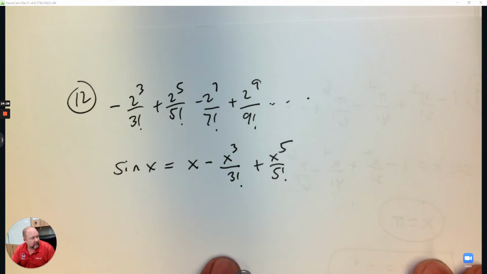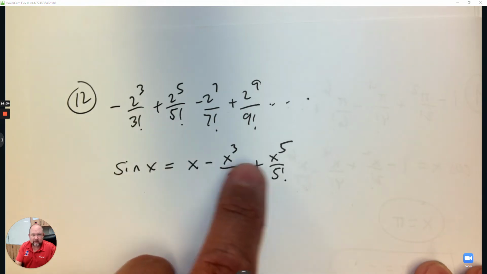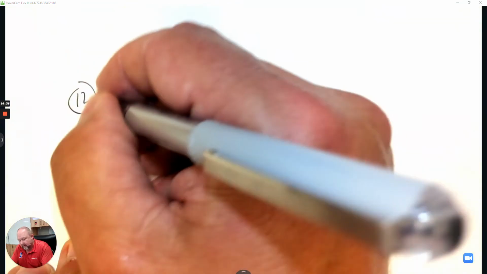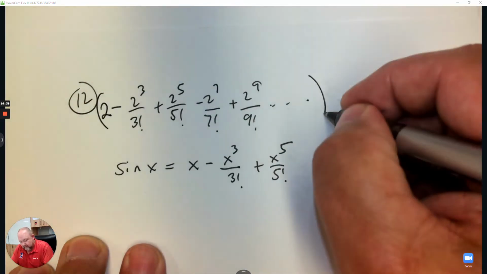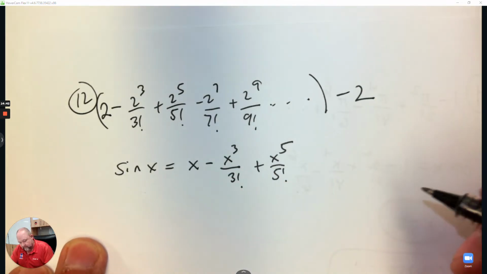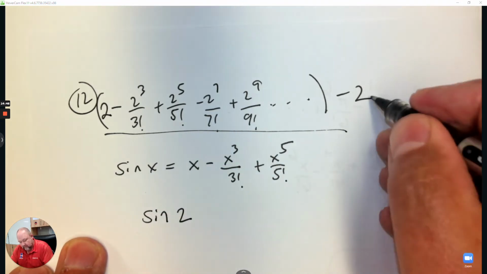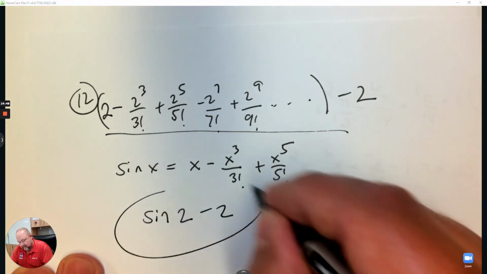Oh, well, that's tricky. So for this to match, I kind of see that x should be 2, but I don't have a 2 in front. So if you put a 2 in front, then you can subtract a 2. Then this is sine 2, subtract 2. That is tricky.